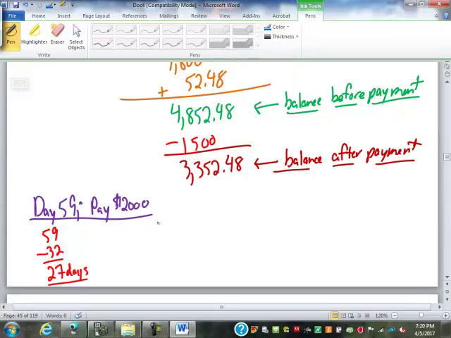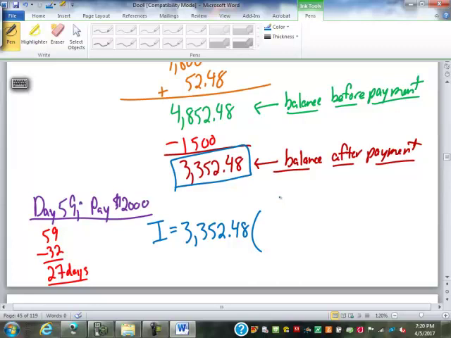Now for our interest, we take the balance after that last payment, $3,352.48 times 0.123, and then 27 days over 360.